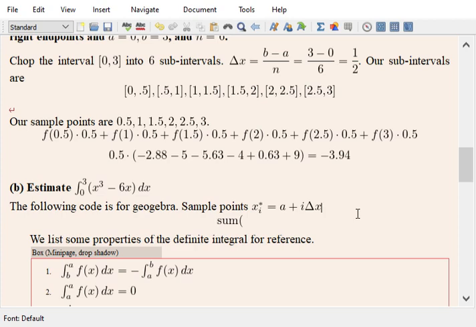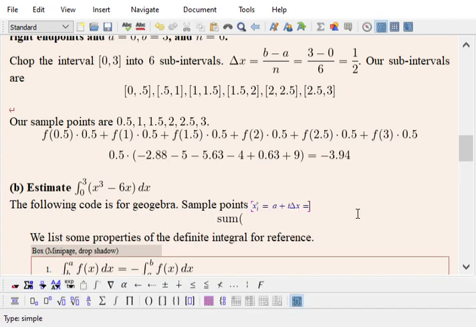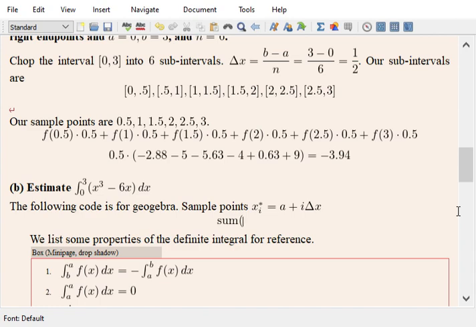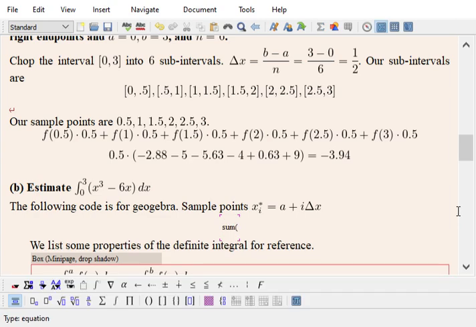And in GeoGebra, we write sum, and then we write down the expression that we're going to be summing up. So let's see, a is 0, so it's just 0 plus i times delta x. Well, what was delta x?